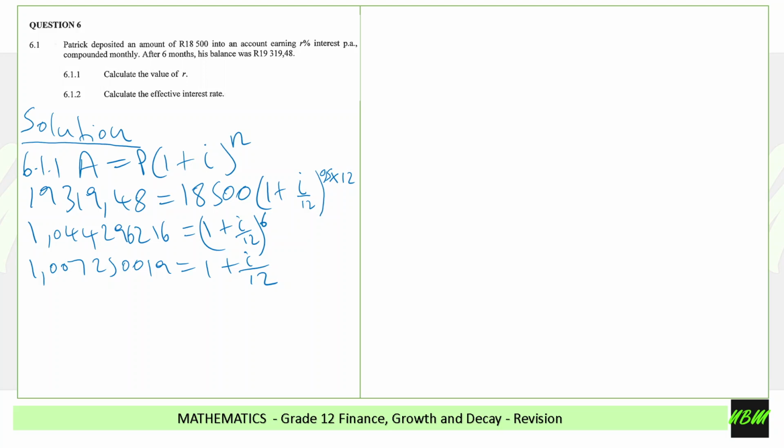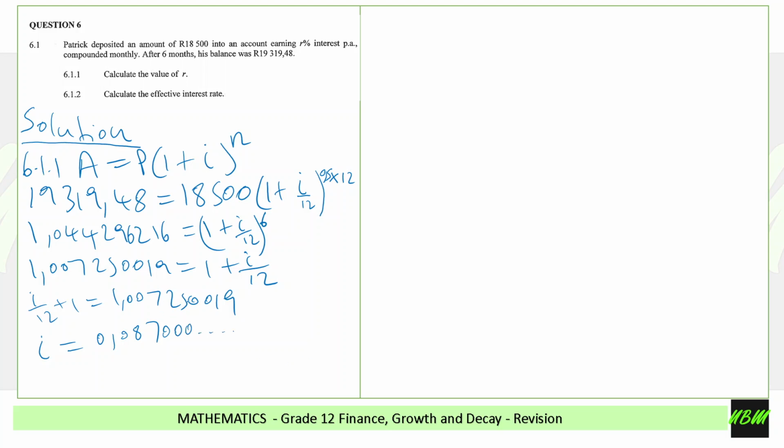Alright, and then from there, we are now ready to solve for i. To solve for i, i/12 + 1 is equal to 1.007250019. Then subtract 1 on both sides and then multiply both sides by 12. Then we'll get i equal to 0.087000 and so forth.